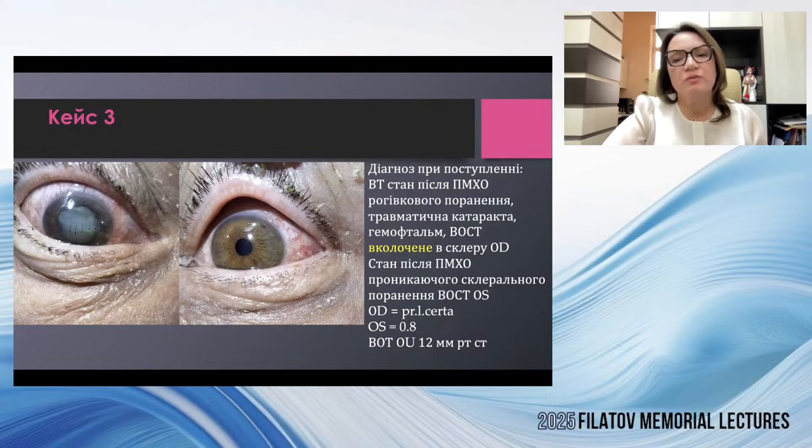Tomorrow we are planning to conduct an operation, a bilateral trauma of both eyes, a penetrating corneal wound of the right eye with a traumatic cataract and the presence of a foreign body, the scleral penetrating of the left eye with a foreign body on the level of the vitreous body basis and high visual acuity.